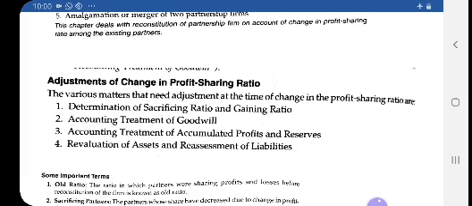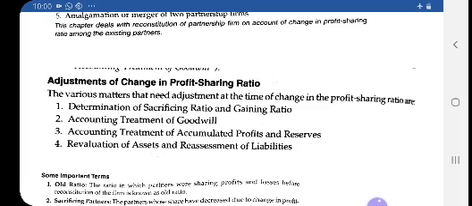And just the opposite, if there is an increase in the value of assets and a decrease in liabilities, these appear on the credit side. The difference, either profit or loss, is distributed among the partners, of course in the old profit sharing ratio. This is one way to do the adjustment, that is case A.